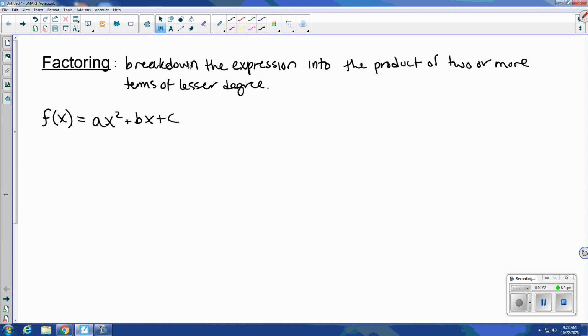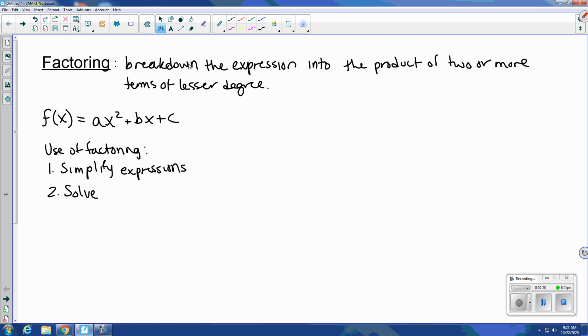We are going to factor these to serve two purposes. So the use of factoring for us is going to be, 1, to simplify expressions. This will become more evident later in the course.